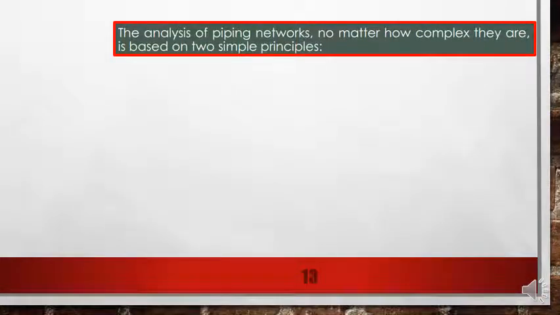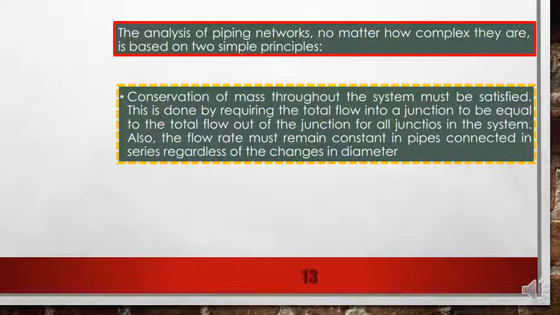So as a summary for the parallel system, I can write it into two simple principles. It doesn't matter how complex the arrangement of the parallel pipelines is. The first one is the conservation of mass throughout the system must be satisfied.